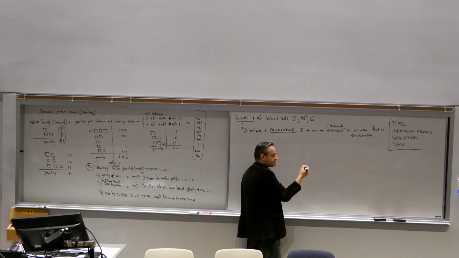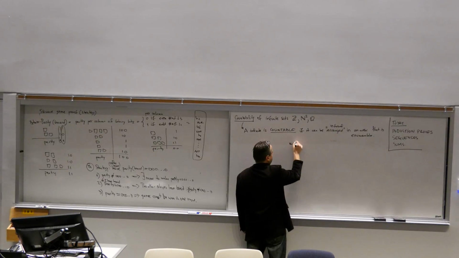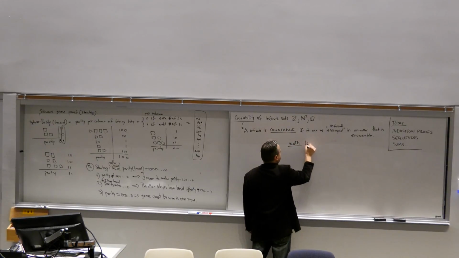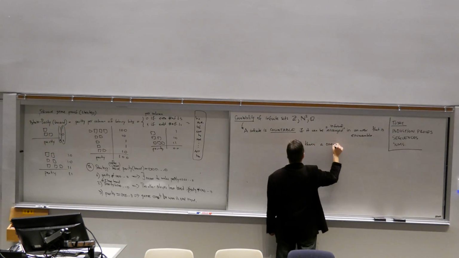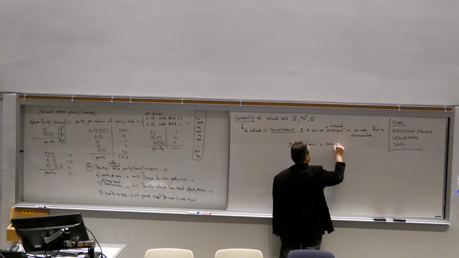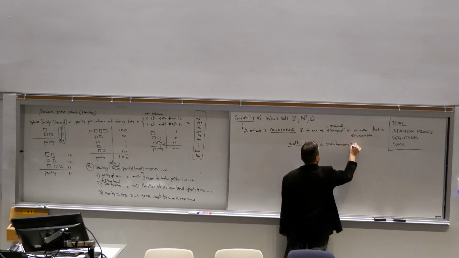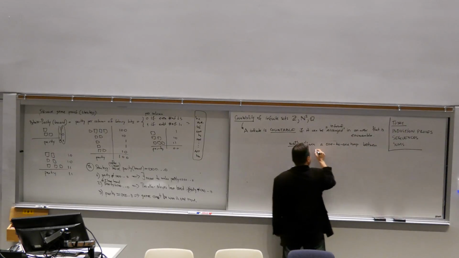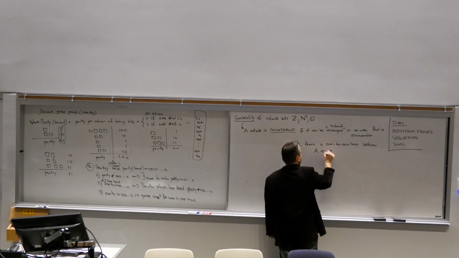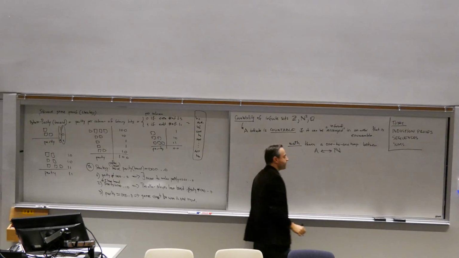Mathematically, what that means is there is a one-to-one map between that set A and the set of natural numbers.